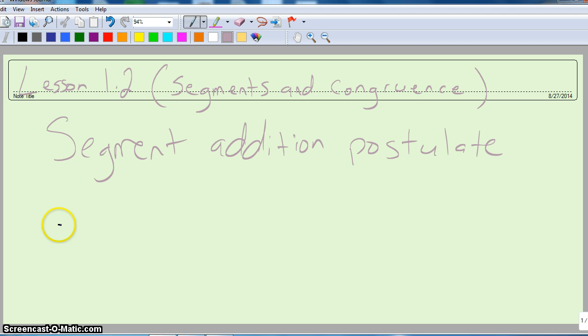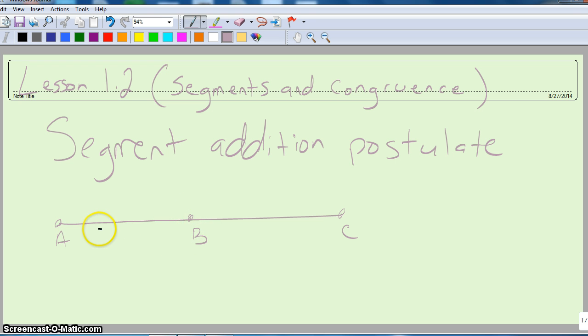It pretty much means this. We have a segment, a piece of a line, and we'll call the points A, B, and C. B is not in the middle, it's just off to some side.